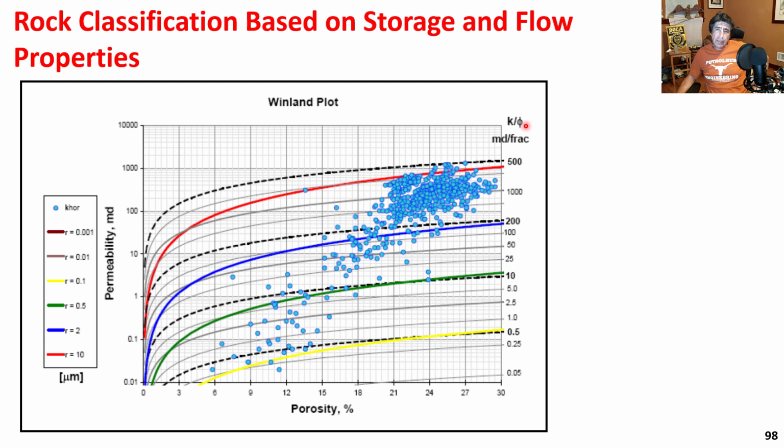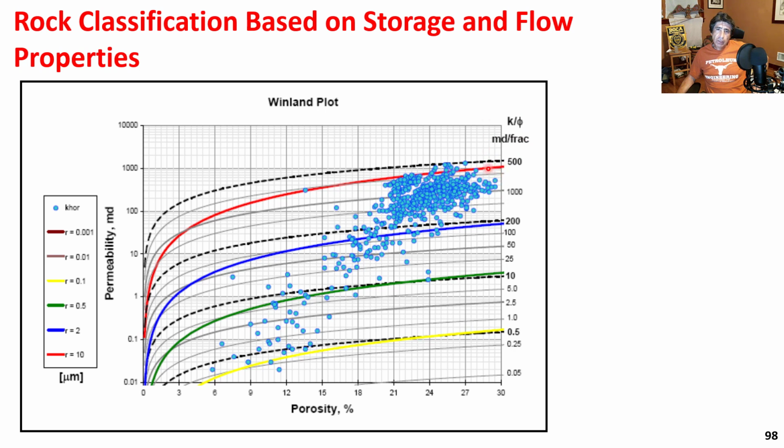That is the ratio of permeability over porosity. So if you take the ratio of permeability over porosity, it turns out that this ratio is proportional to the interstitial velocity. So we know that a given class of rock will be one that has a constant interstitial velocity. This is also the so-called Leverett parameter.